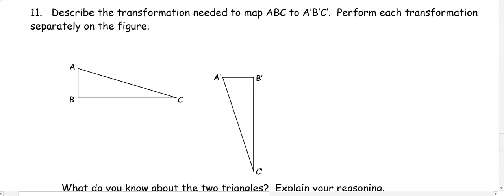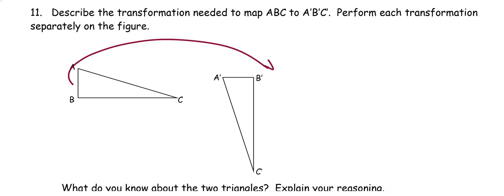Number 11, describe the transformation needed to map ABC to A prime, B prime, C prime. Perform each transformation separately on the figure. So the first thing we can do is move this triangle somewhere over here a little bit more so it's closer to our triangle.